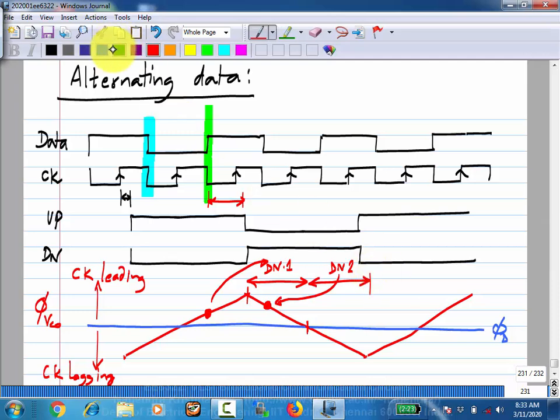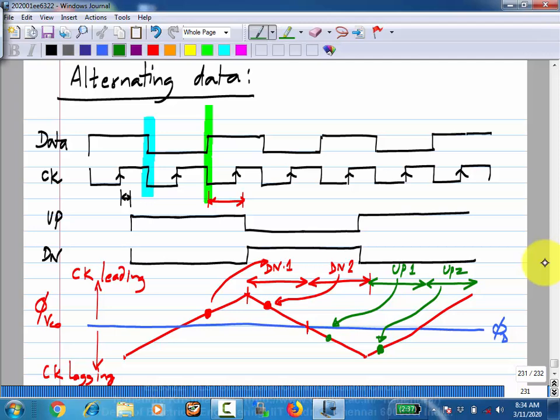And here I have an up signal, and this is in response to something that happened more than half a cycle back. So the clock is lagging, so you get an up. And here, again you will look at something that happened a little more than half a cycle ago. Again the clock was lagging, so you get an up.